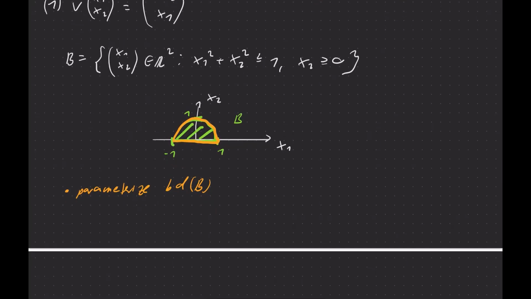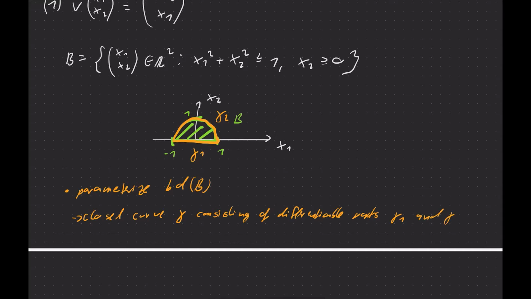We start with the first piece, we'll call that gamma 1, and we call this piece gamma 2. There will be one closed curve gamma, consisting of two differentiable parts, gamma 1 and gamma 2.